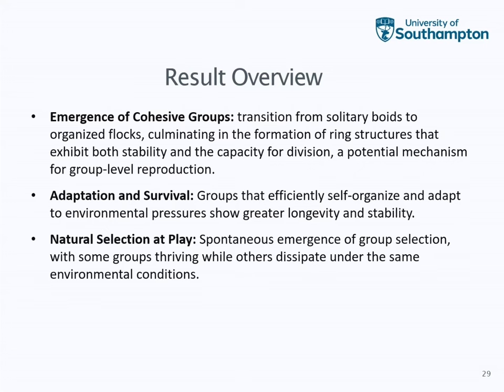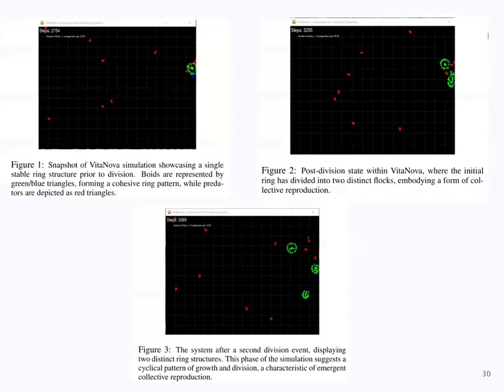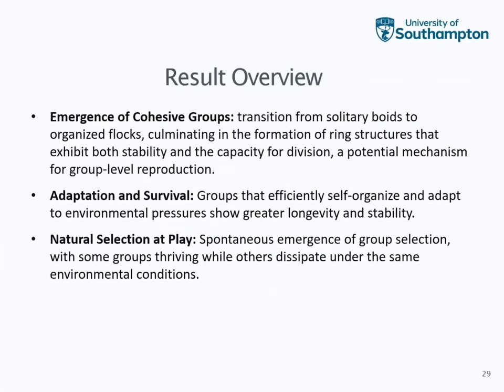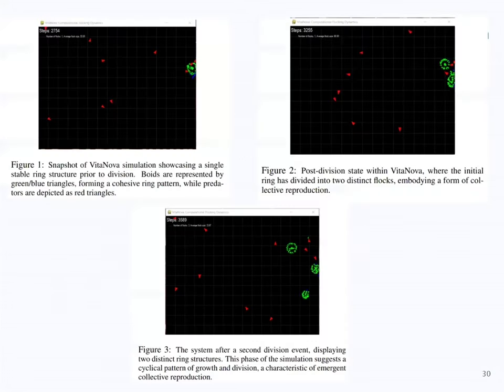And also, we have observed adaptation and survival at the group level. There is a spontaneous emergence of group selection, because some groups are formed but are not good enough to survive, and only one survives, then reproduces itself.